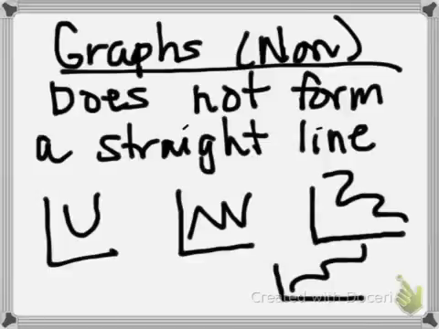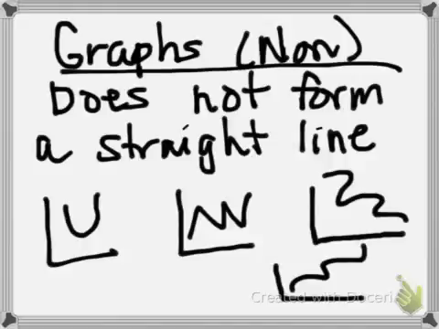Now, let's take a look at graphs compared to non-proportional. If graphs that form a straight line are proportional, then on the other hand, graphs that do not form a straight line are going to be non-proportional. So here I have 4 examples of different lines that do not form a straight line. I'm not saying these are the only ones you can see.